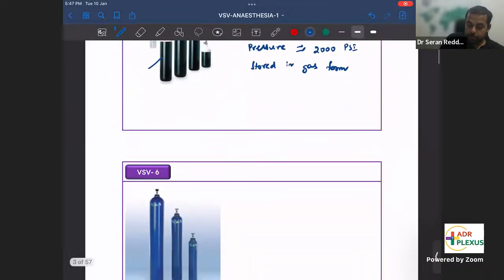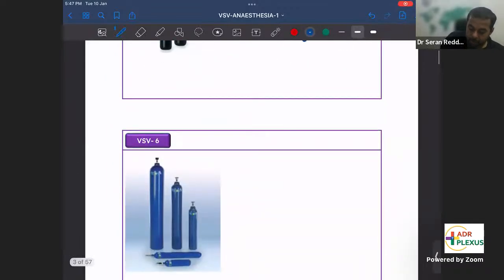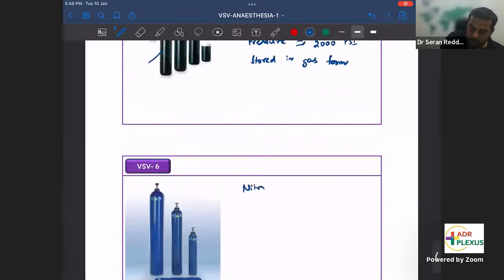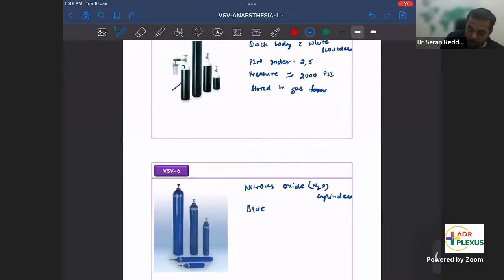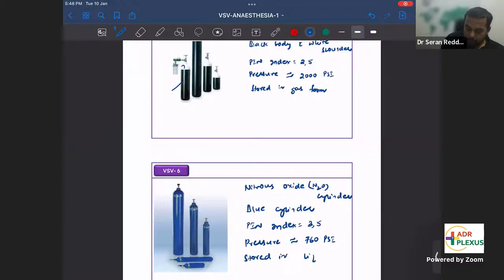Then coming to the nitrous oxide cylinder. This is a blue cylinder, pin index of 3.5, pressure approximately 760 psi, and this is stored in liquid form.